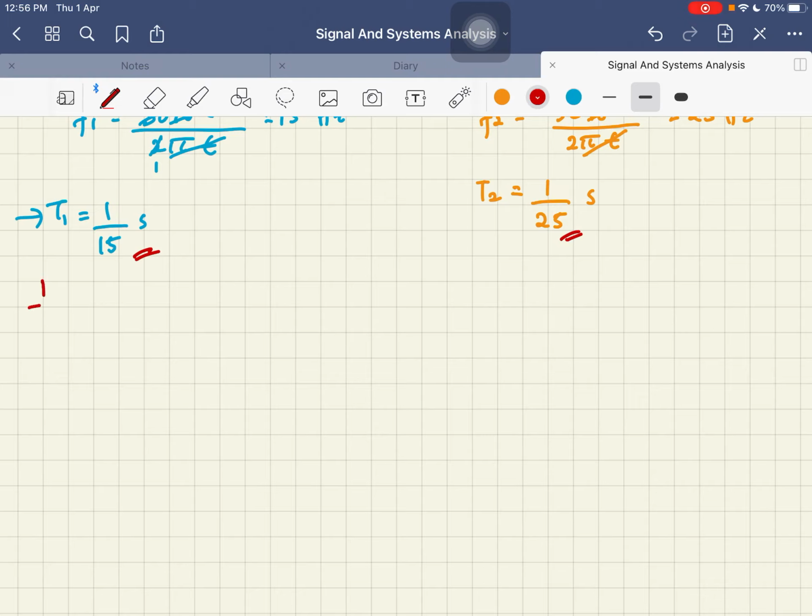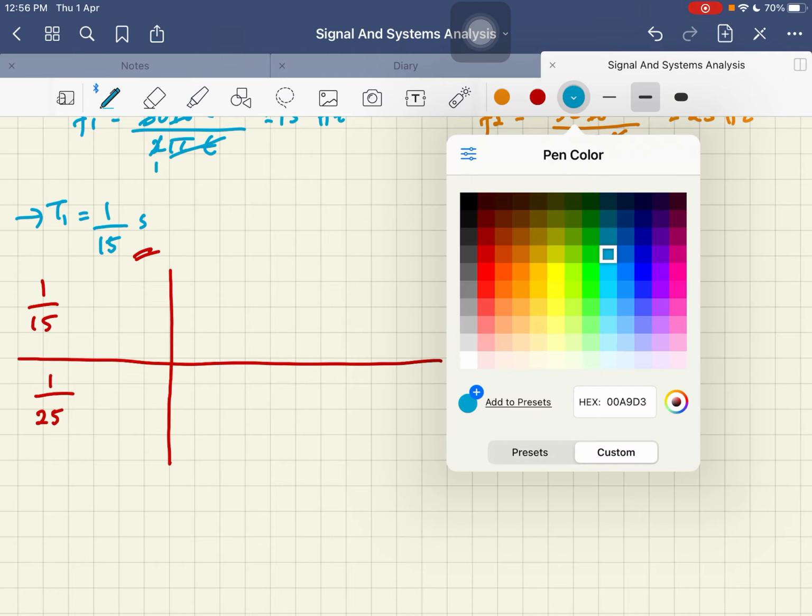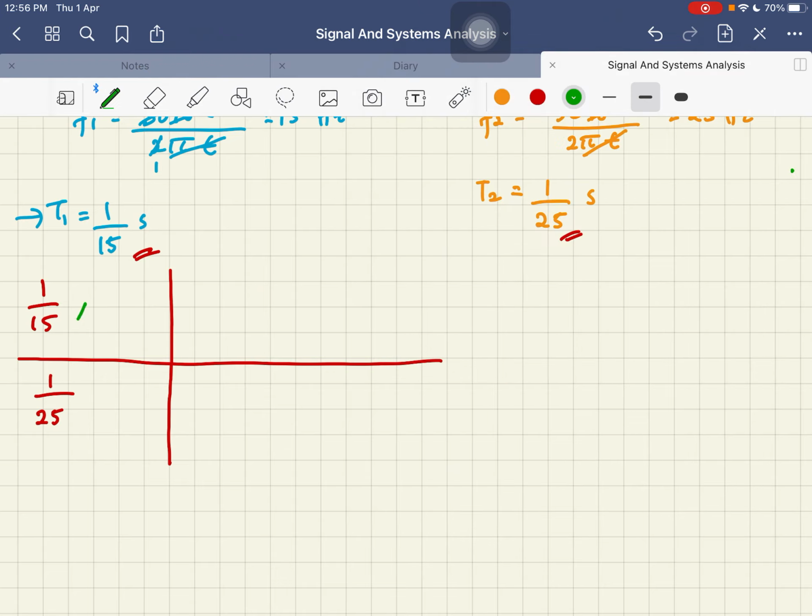And so we have 1 over 15 and we also have 1 over 25. Now I'm going to multiply them with a certain number, so that we can make these non-integer numbers integers.